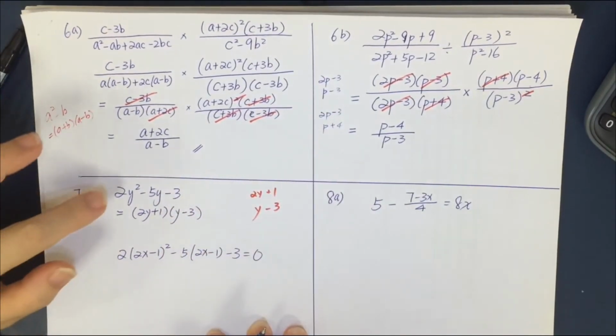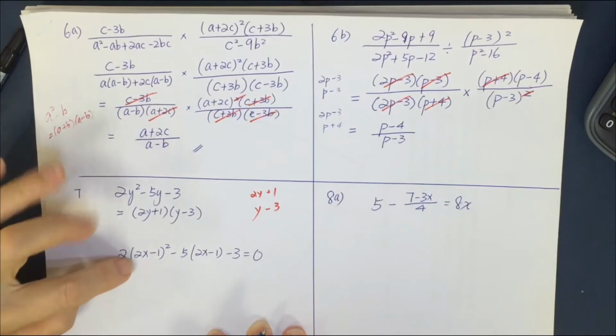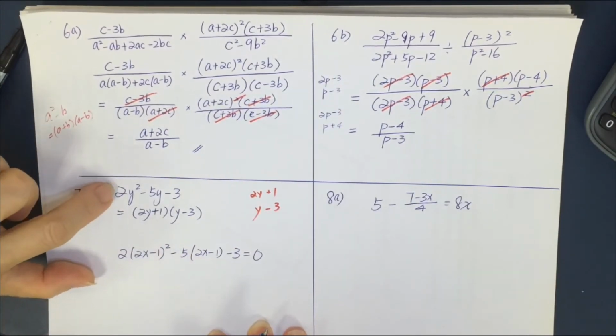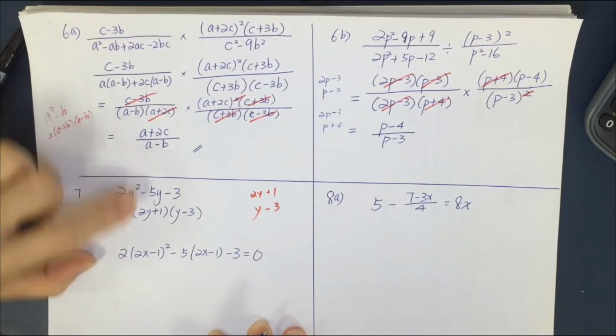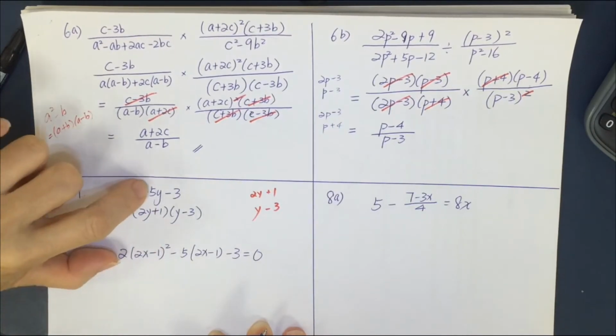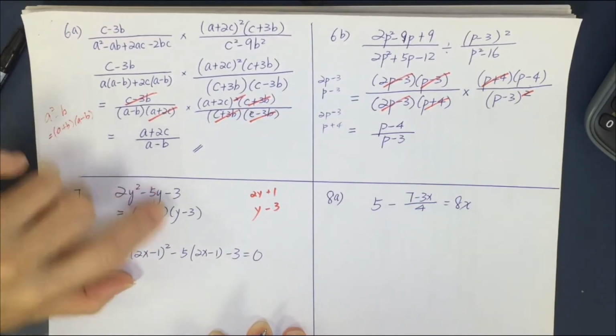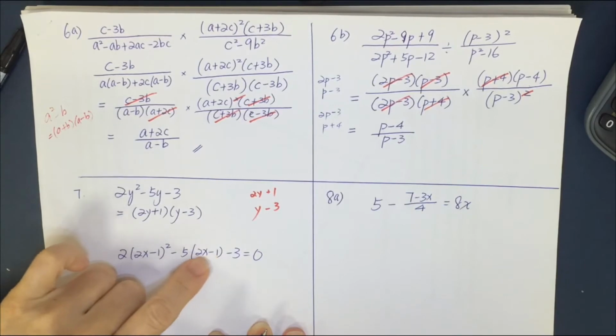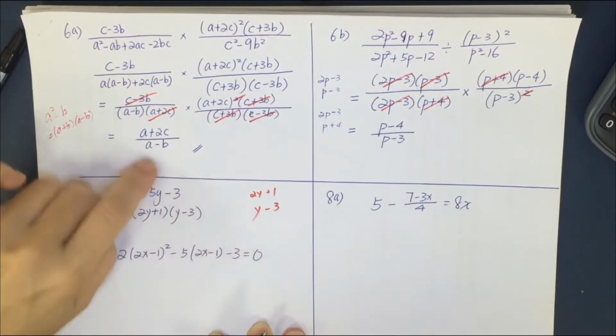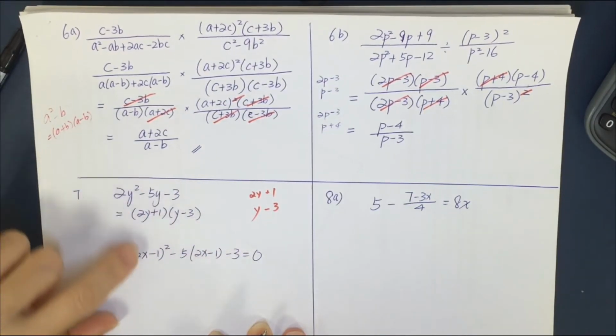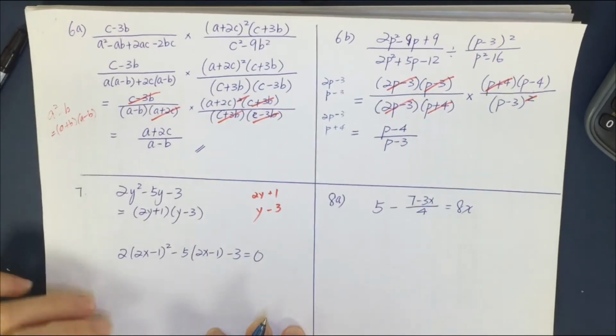So now, the question says, after this, go and do this one. So you see the pattern, 2, y squared, and this something squared, and minus 5. The y is also 2x minus 1, and then minus 3 is the same. So when I replace my y by 2x minus 1, then I'm done.